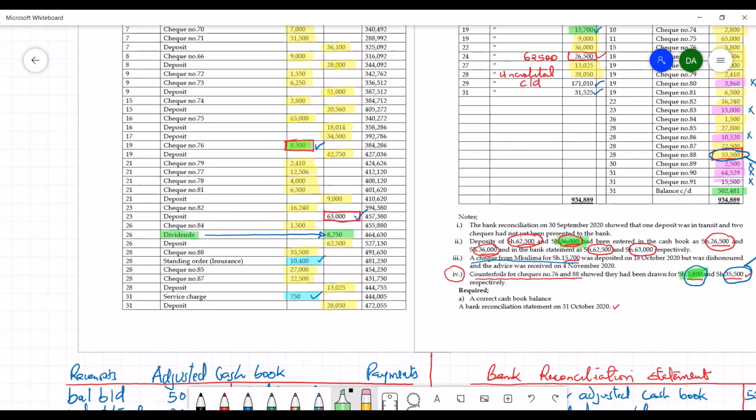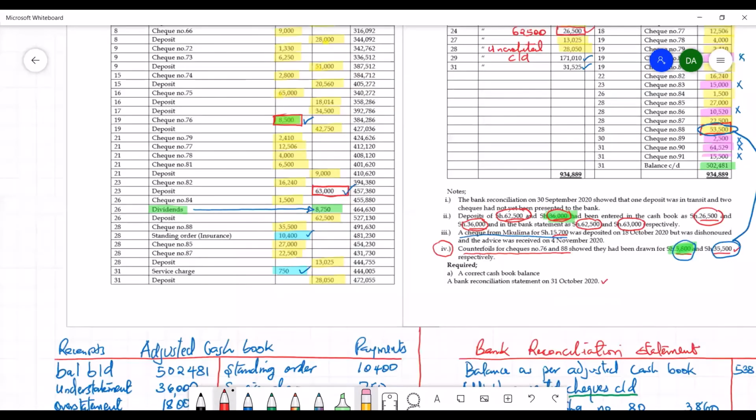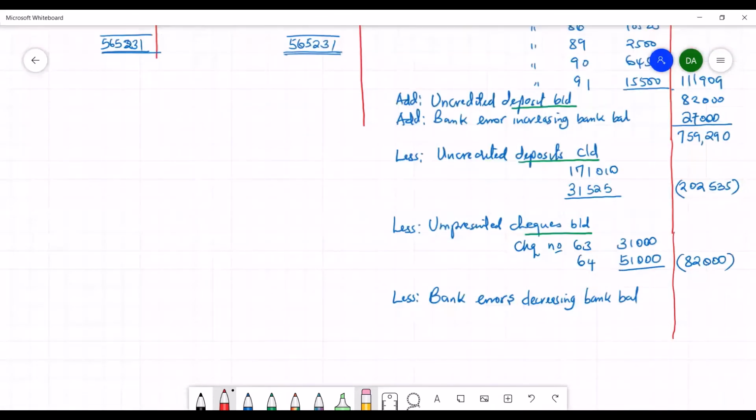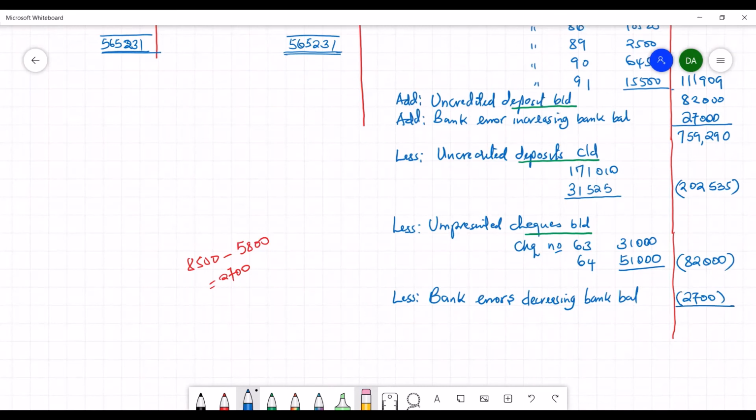So it was an understatement of the bank balance by a total of 8,500 minus 5,800, which is equal to 2,700. So we shall have here 2,700, which we subtract.